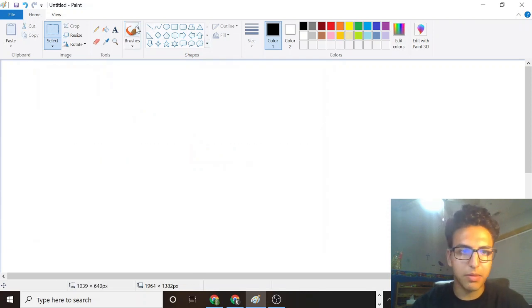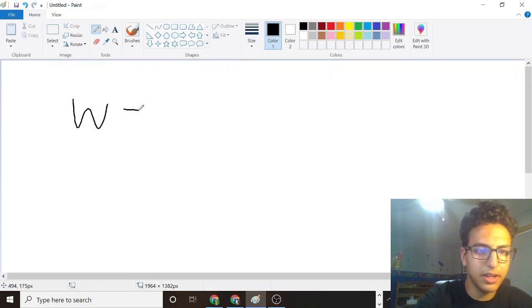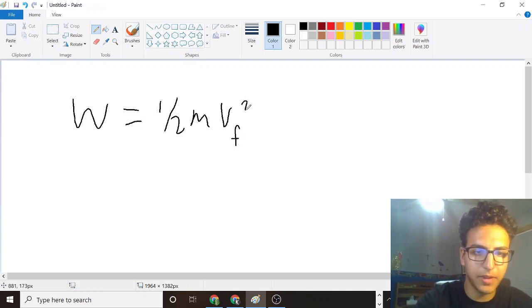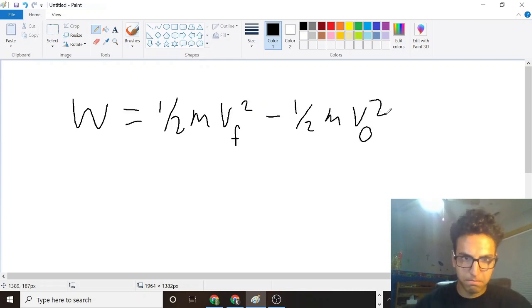When we put this in our magic calculus tools, we find that work is equal to 1/2 m v_f squared, final velocity squared, minus 1/2 mass times initial velocity squared. That's interesting, because what did we say these were? These were the kinetic energies.